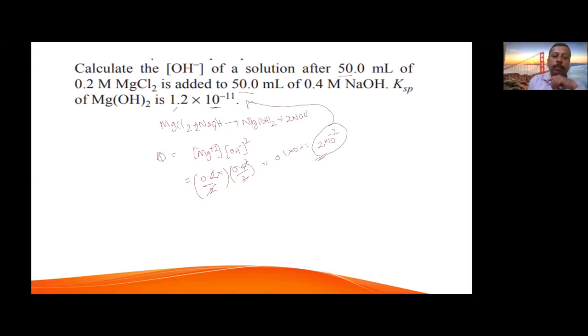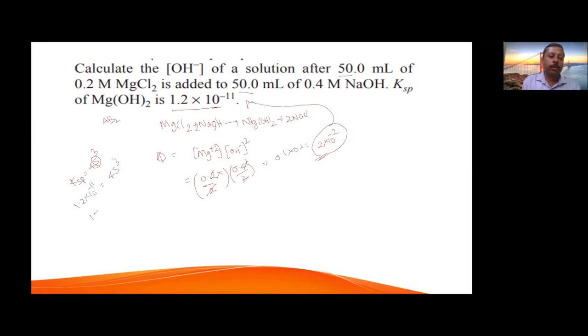So here Q is very much higher than the KSP. That's why from this only you will calculate. KSP is equal to 4S cube. This is of AB2 type. So for solubility, 1.2 into 10 to the power of minus 11 is equal to 4S cube.